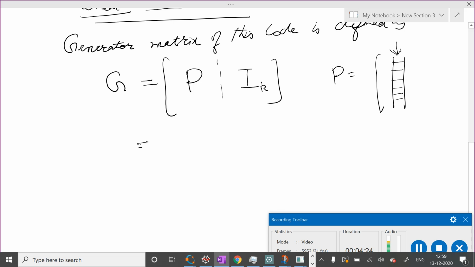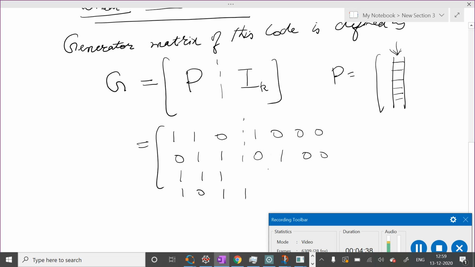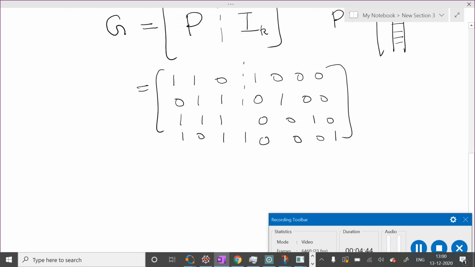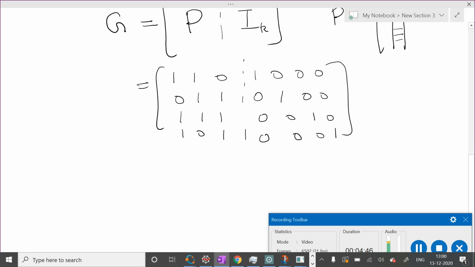Suppose I have a G of this structure: 1 1 0, 0 1 1, 1 1 1, 1 0 1, then I_k: 1 0 0 0, 0 1 0 0, 0 0 1 0, 0 0 0 1. Okay, now what does it mean?